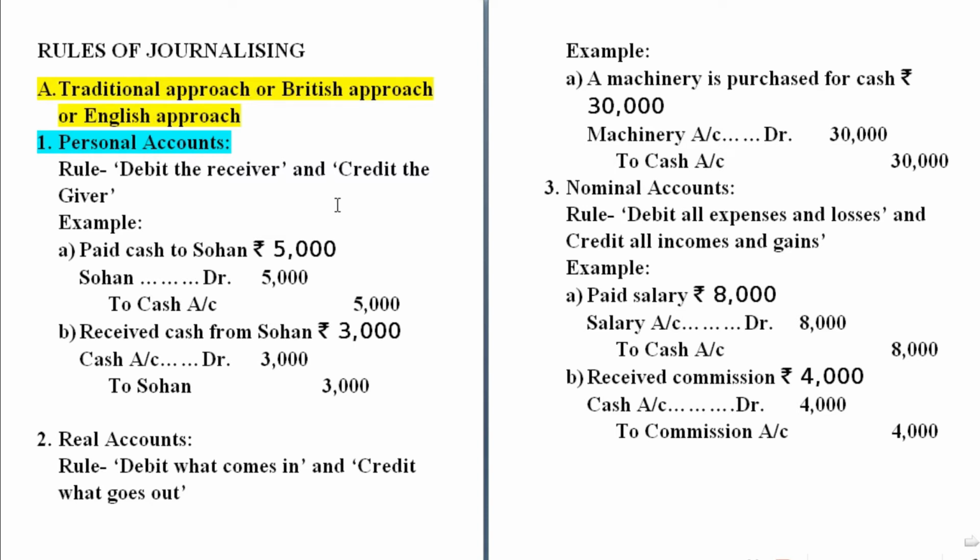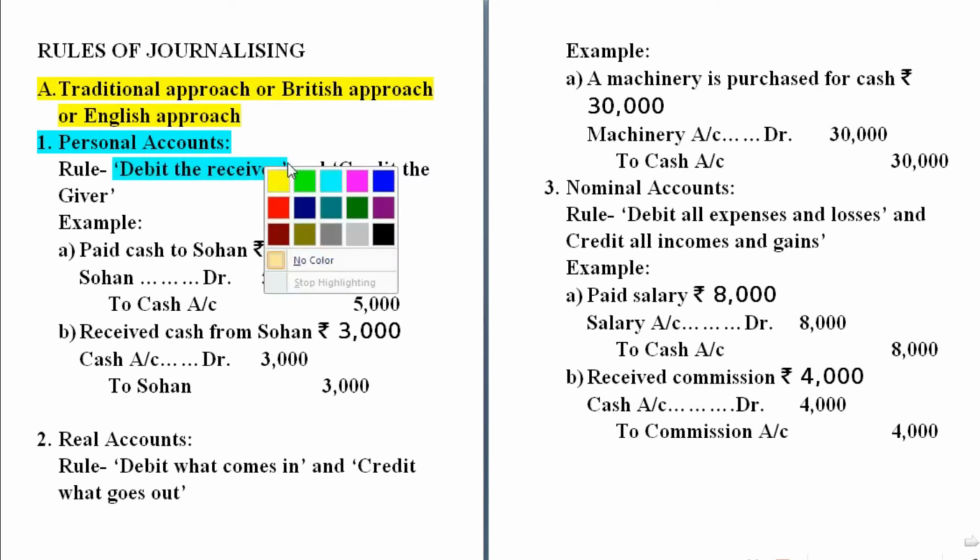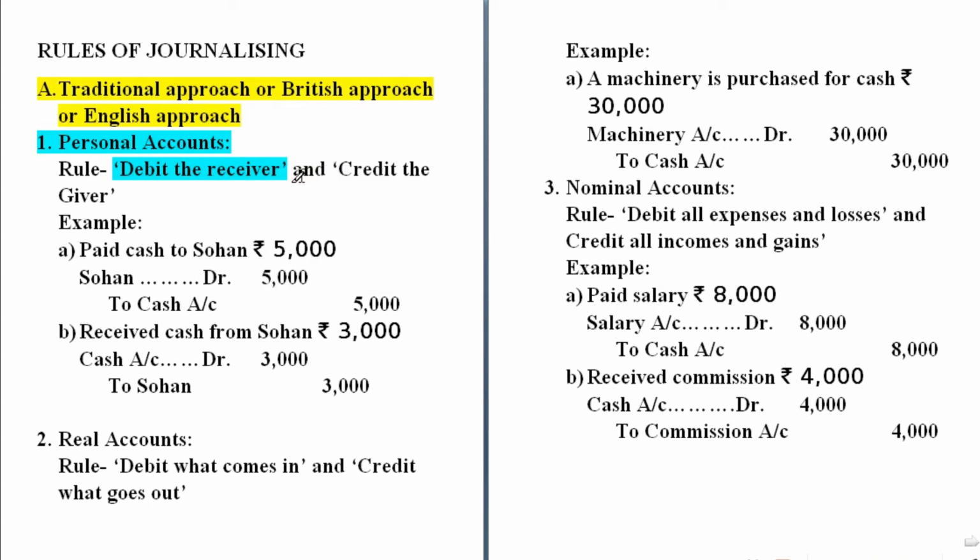Okay, so let us see what the rule says. The rule says debit the receiver. Here the rule is saying that we have to debit the receiver, and we have to credit the giver.